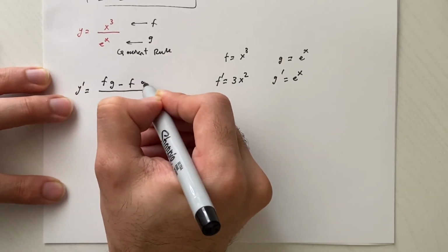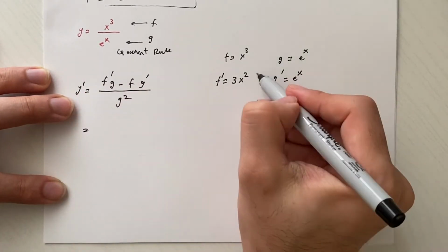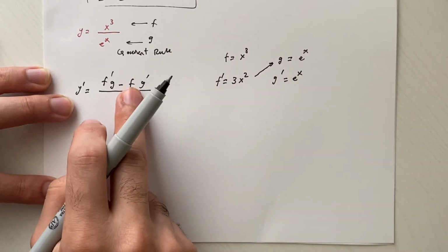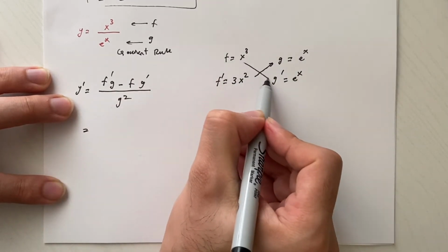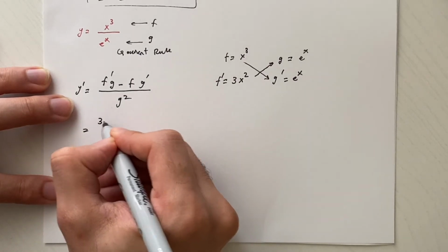It's gonna be f prime times g, and then minus f multiplied by g prime, over g squared. First we take f prime multiplied by g and then subtract f multiplied by g prime, then all over g squared.